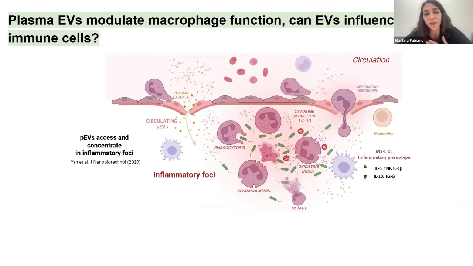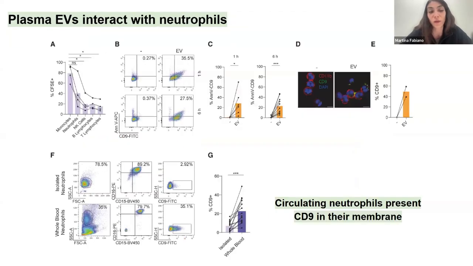So after having all these results and knowing that plasma EVs could affect macrophages, we decided to go further in different innate immune cells and also adaptive immune cells. For that, we started with the screening.